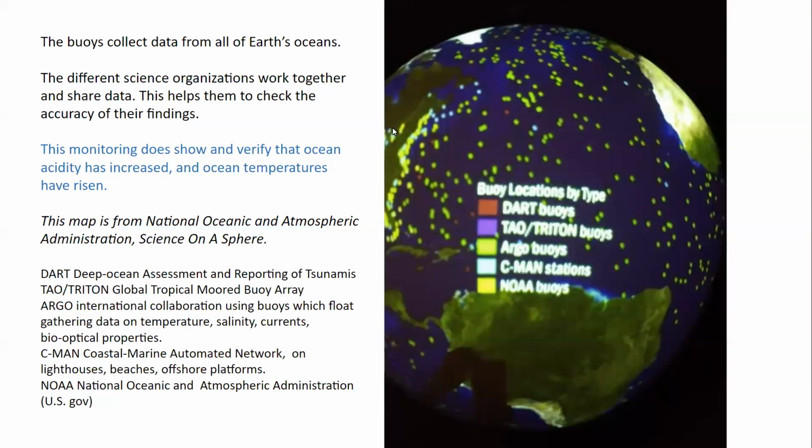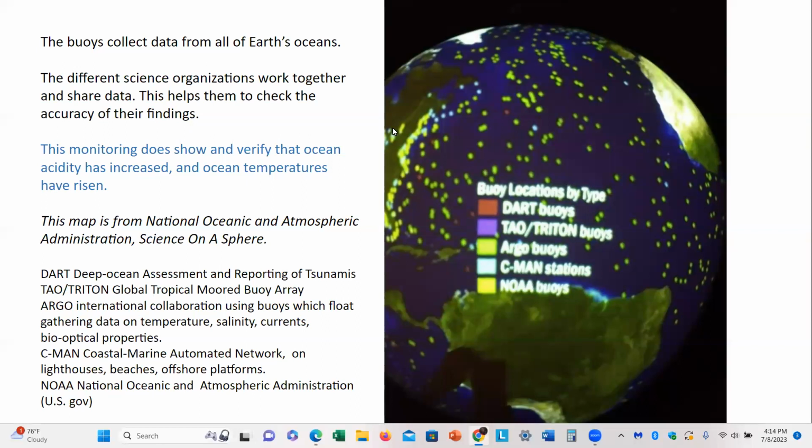Buoys collect data from all of Earth's oceans. The different science organizations work together and share their data, and this helps them to check the accuracy of their findings. This monitoring does show and verify that ocean acidity has increased and ocean temperatures have risen.